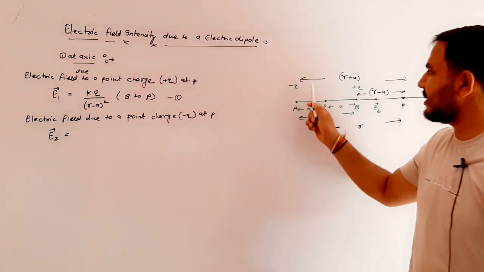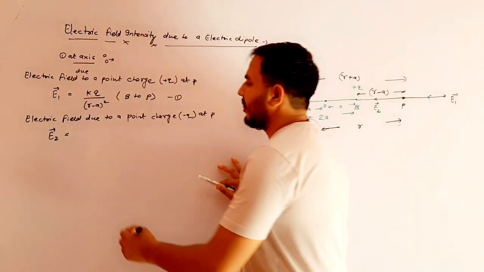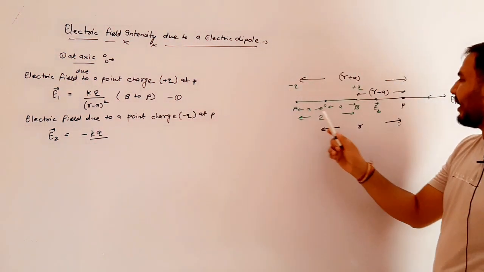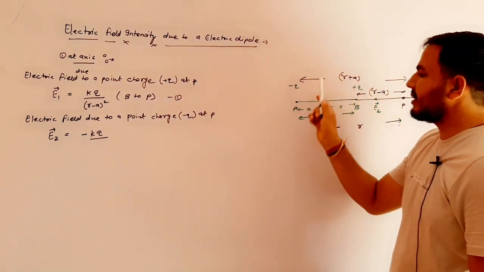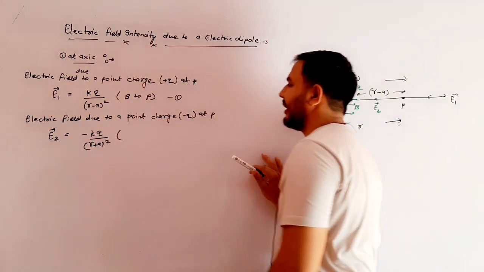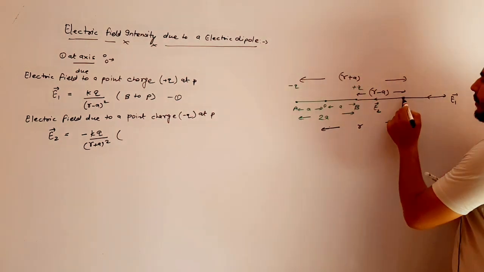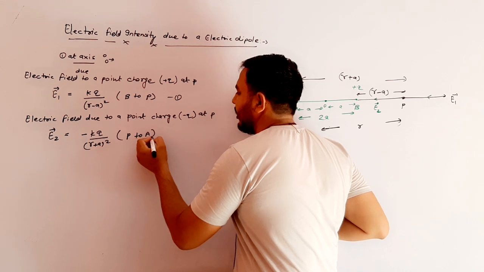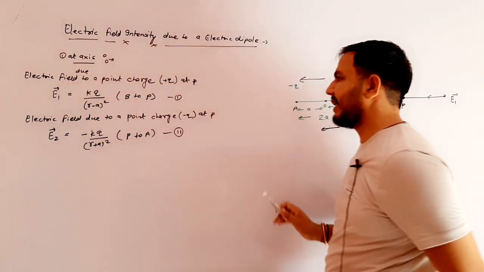The nature of the charge here is negative, then -kq upon the distance between A and P, which is r plus a, r plus a square. The direction is P to A. This is the second equation.